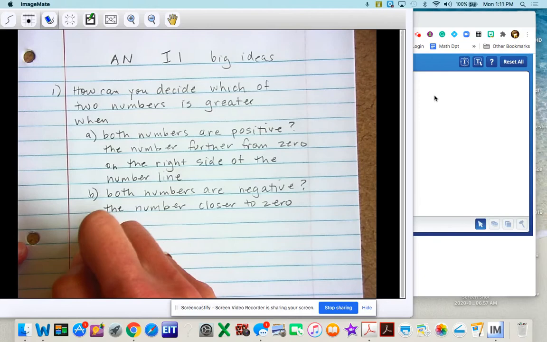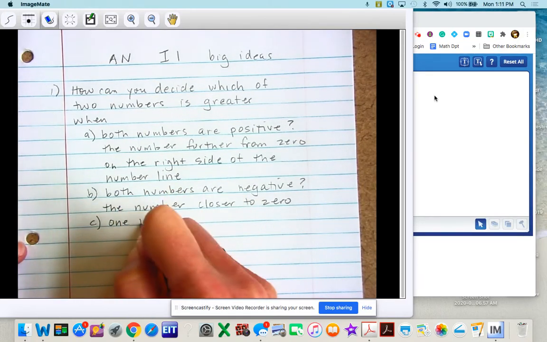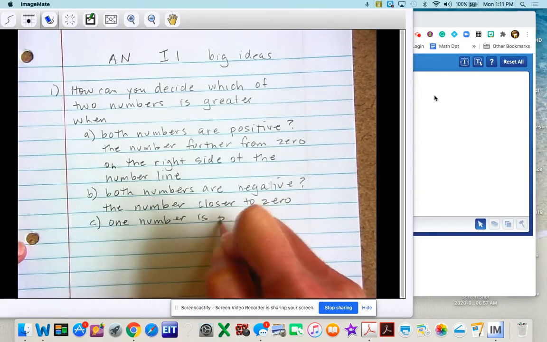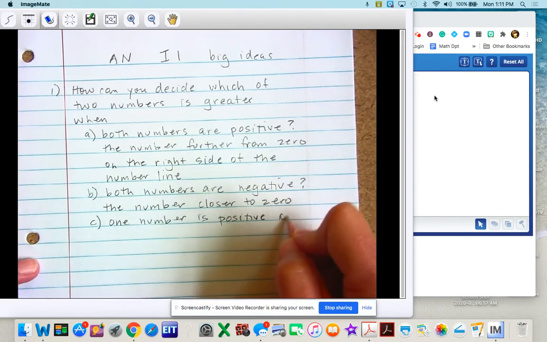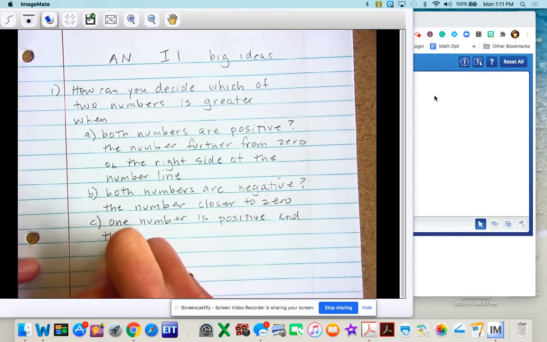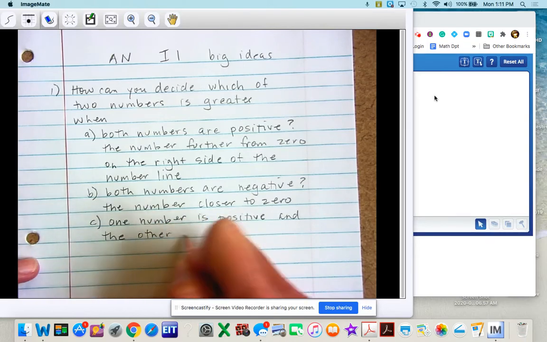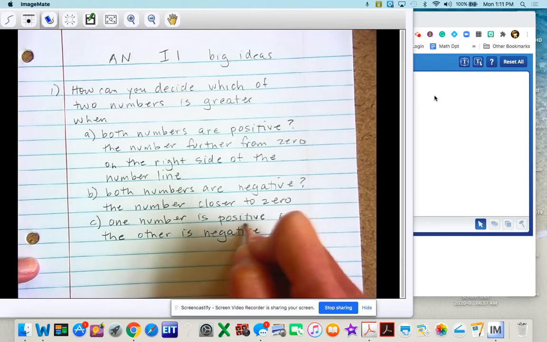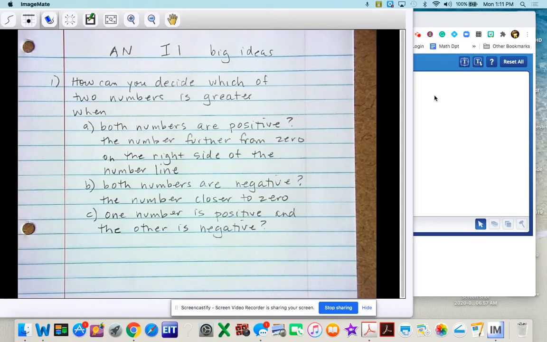So how about if one number is positive and the other is negative? I've got a positive number and a negative number. Which one's going to be bigger?